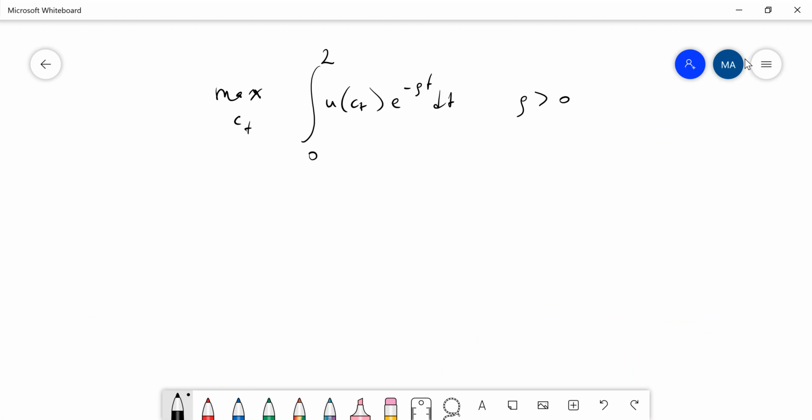I'm choosing consumption, subject to consumption must be non-negative. This is true for all t, obviously. And then my state variable should follow this equation for all t again. And I know my initial state.